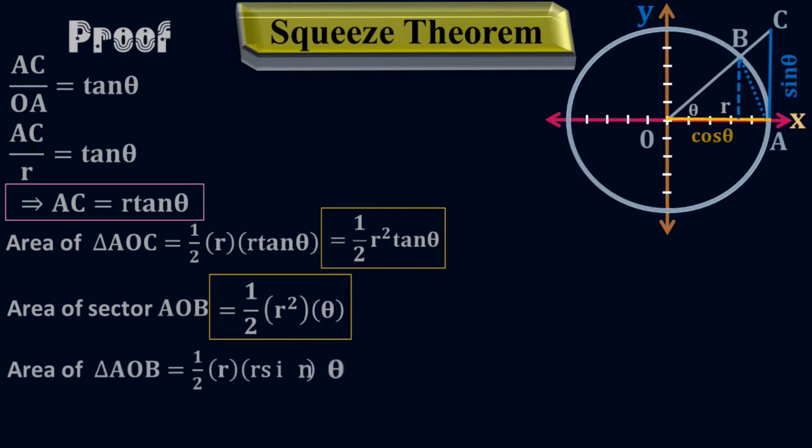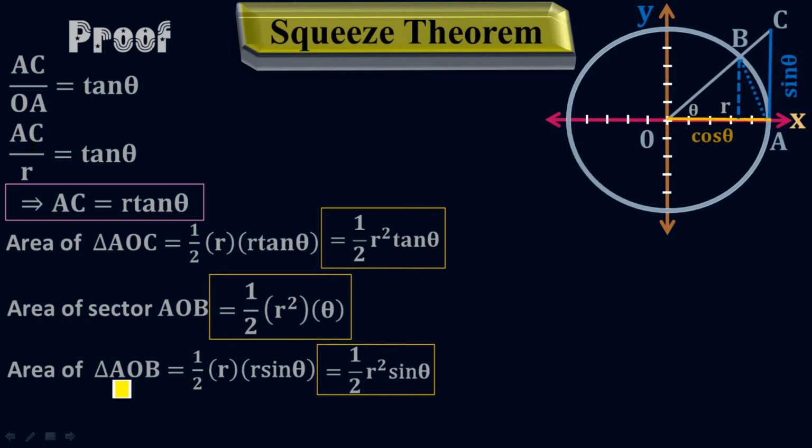But what about the area of triangle AOB? It equals 1/2 into r sine theta, which equals 1/2 into r square into sine theta. Look, we have done the triangle AOC, and we have done the sector AOB, because I'm including this curved part. All this region has the formula 1/2 into r square into theta.